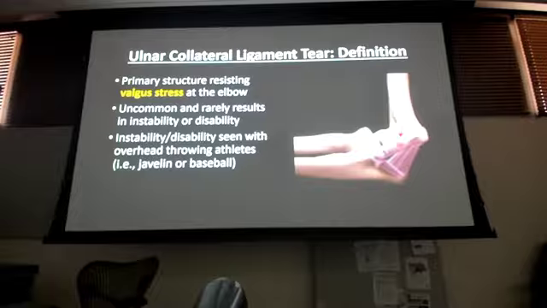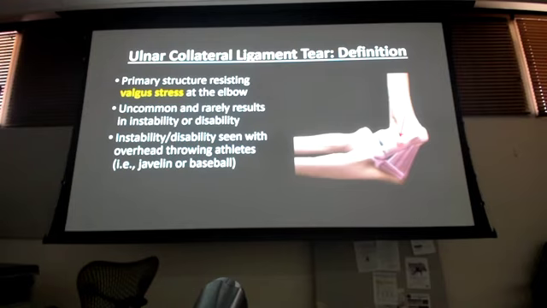Okay. Uncommon and rarely result in instability or disability. How does that make sense, right? So the uncommon part, okay, it's uncommon. So there are certain populations where it's common though. Do you think it's throwing athletes? Yes, we'll get into that. But why doesn't it cause significant instability a lot of times?